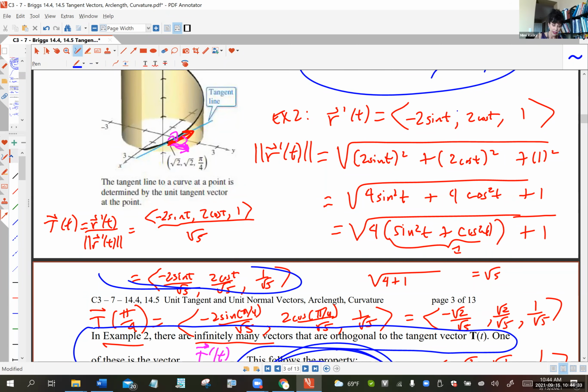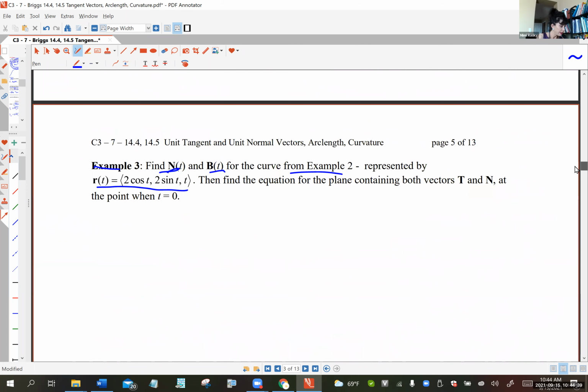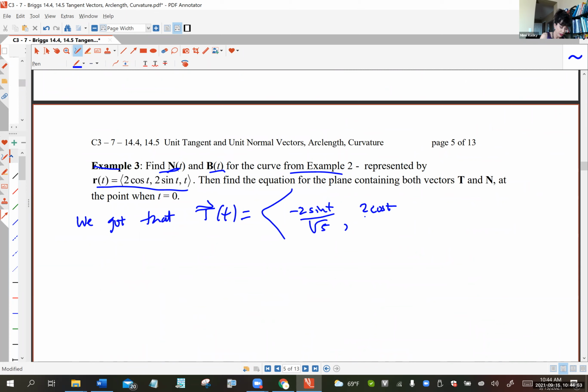So we're just continuing example 2 here where we already got big T. I'll copy it down right here. Big T, the unit tangent vector, was negative 2 sin t over square root of 5, comma, 2 cos t over square root of 5, comma, 1 over square root of 5. Fine.